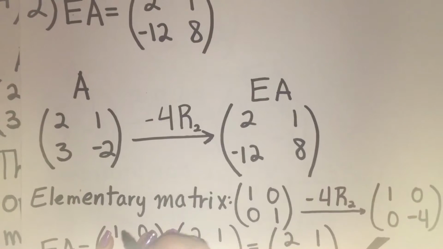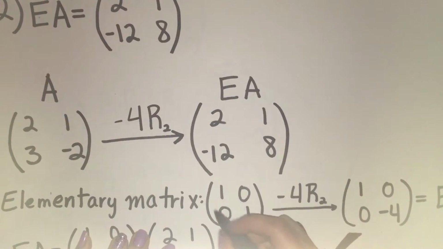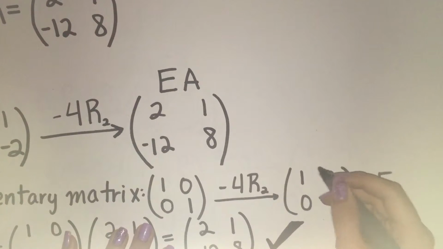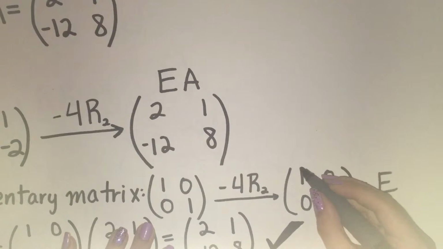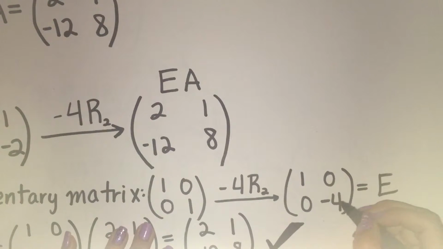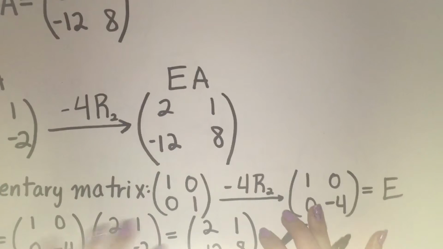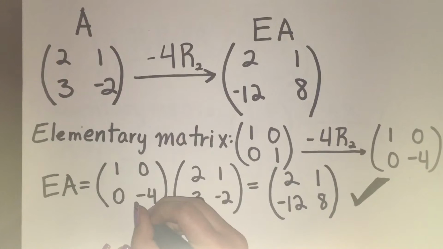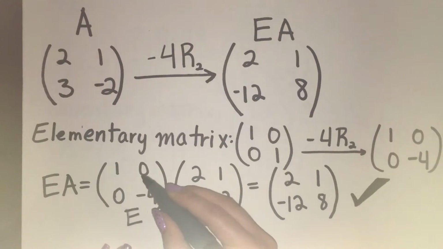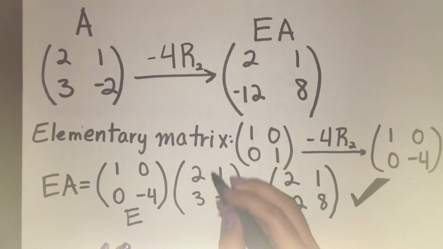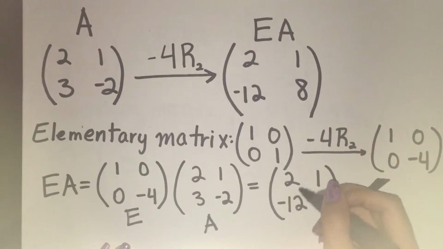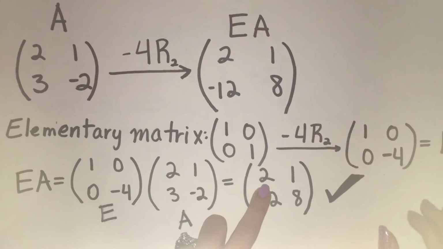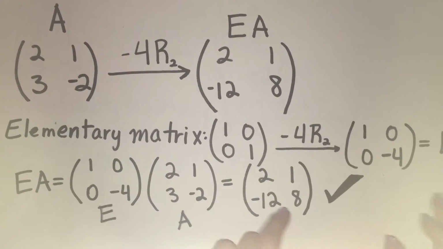Demonstrated in another form, the elementary matrix would be the identity with this elementary row operation, which would therefore look like this: 1, 0, 0, negative 4. That would equal E. And when you check and multiply the elementary matrix E, 1, 0, 0, negative 4, by A, it does indeed equal the matrix we had stated that has entries 2, 1, negative 12, 8.